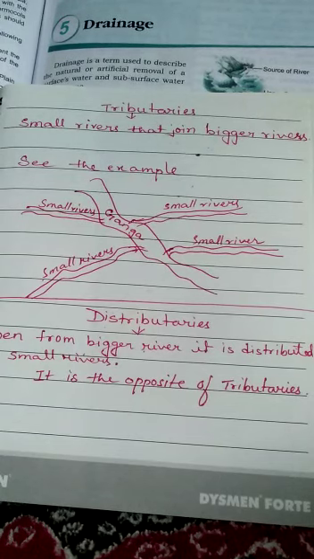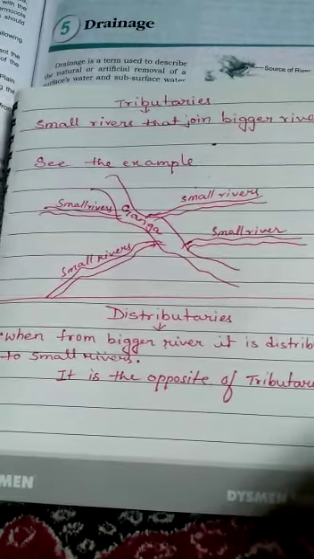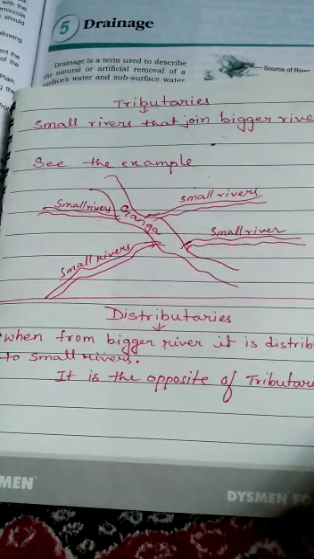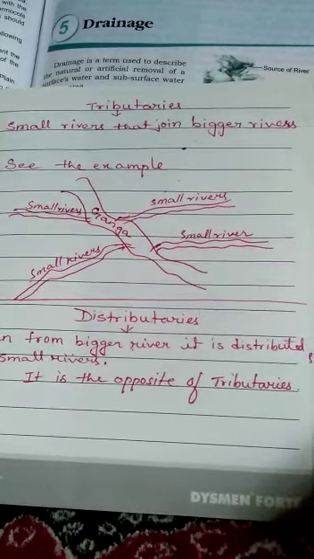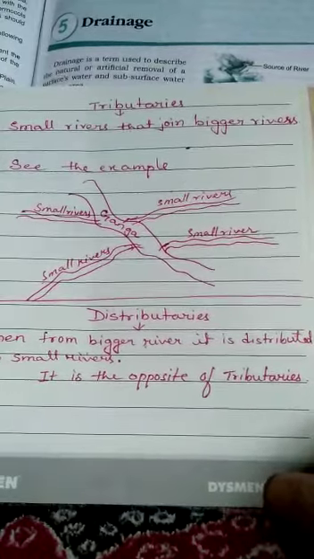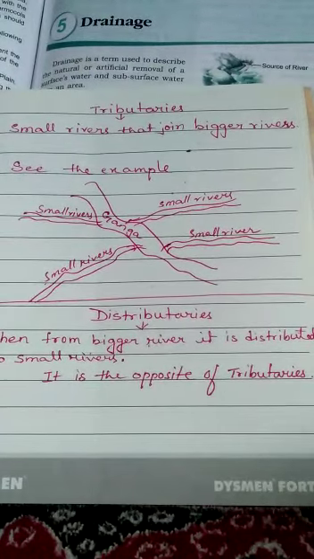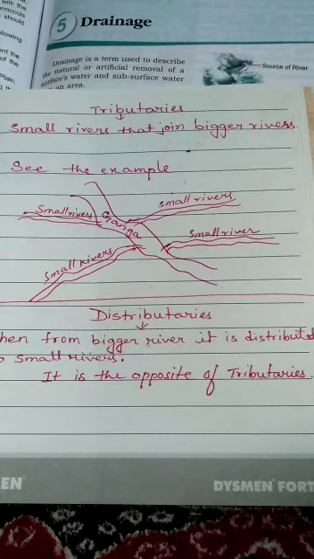The distributaries we can say are the opposite of this. When a bigger river distributes into smaller rivers, they are known as distributaries. In the same way, from the Ganga river, the small rivers which flow out at some places, those narrow small streams flowing out from the main river, are called distributaries. We can see the same example in the Ganga river, where we have shown the tributaries.